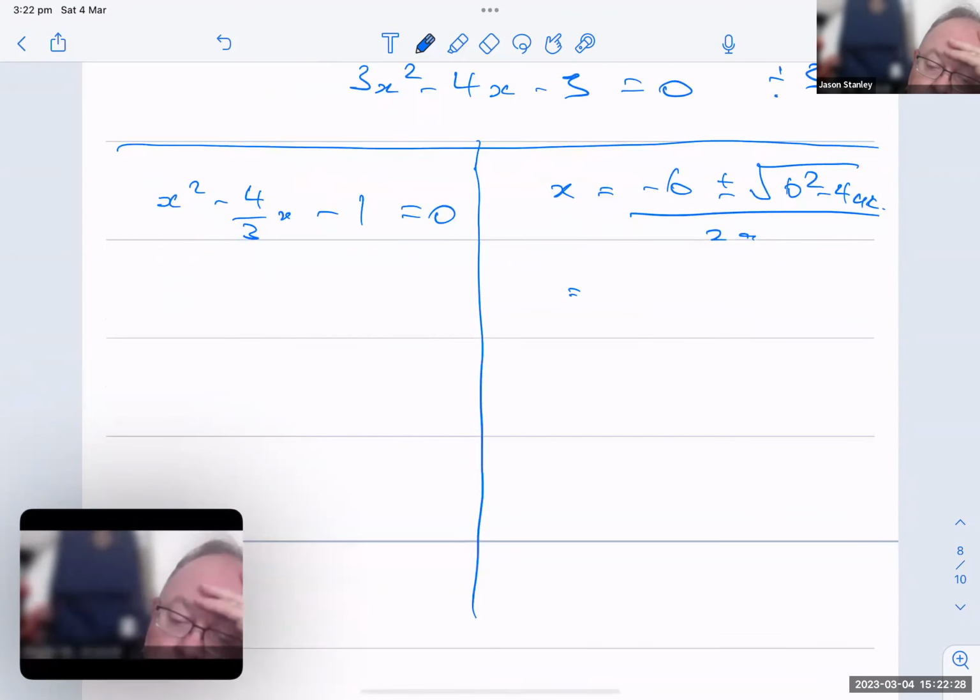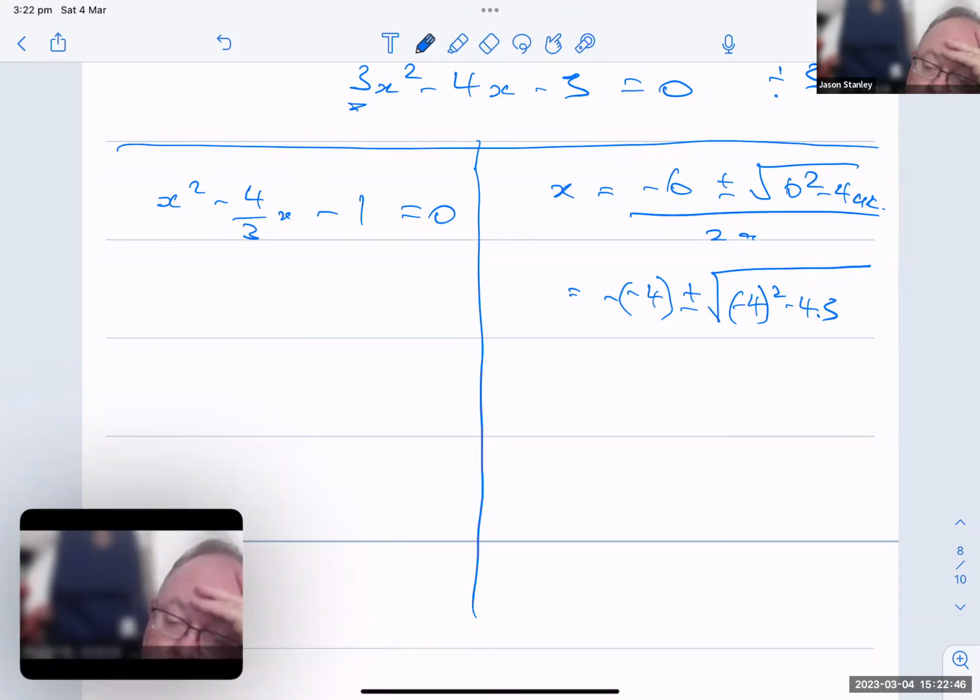This will become minus minus 4 plus or minus the square root of minus 4 squared minus 4 times 3, because a was 3, and c is minus 3. So we'll put a bracket there, over 2 times a, which is 6.